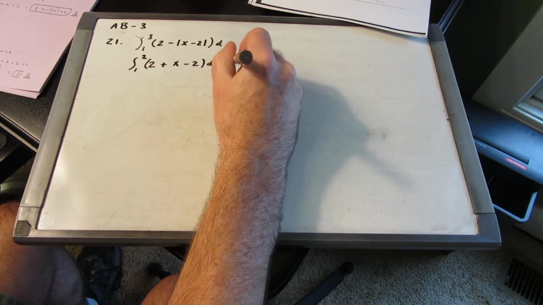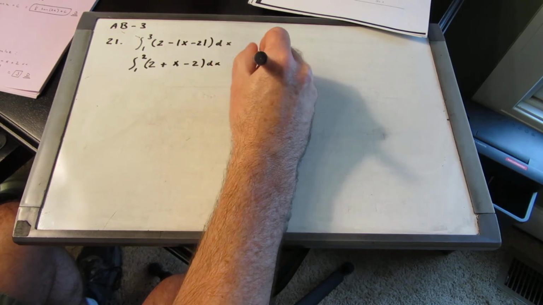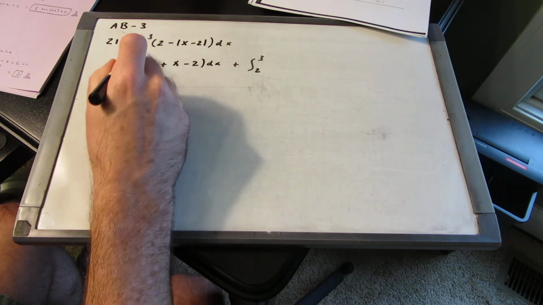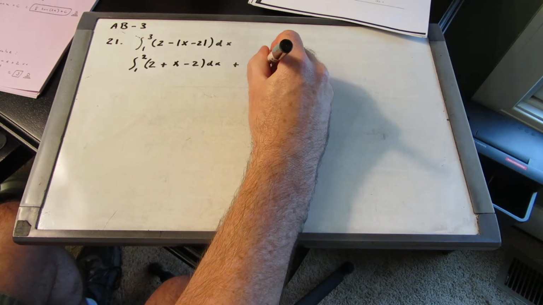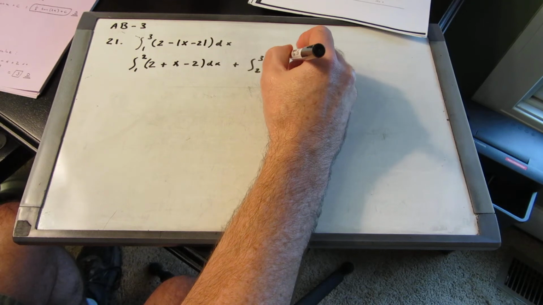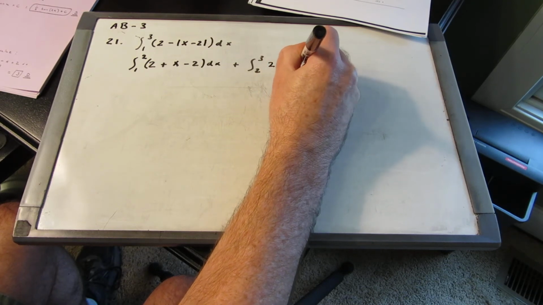That's from 1 to 2, plus then we're going to go from 2 to 3 of 2 minus x minus 2.